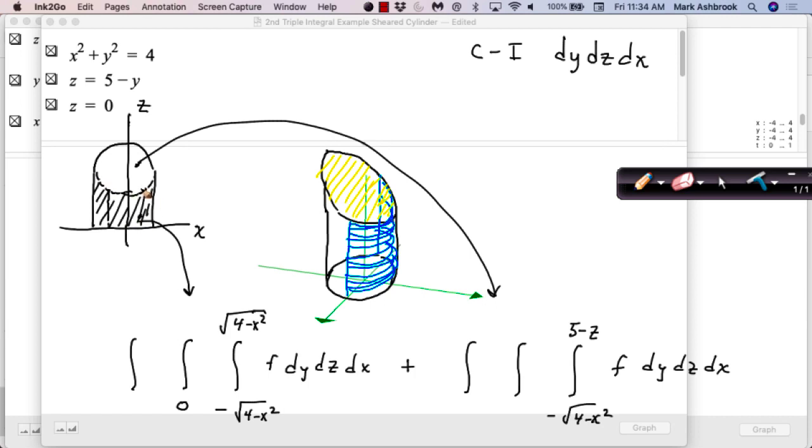So this is the intersection of these two. It has to be in terms of x. z equals something in terms of x. So z equals 5 minus root 4 minus x squared. And that's from negative 2 to 2.